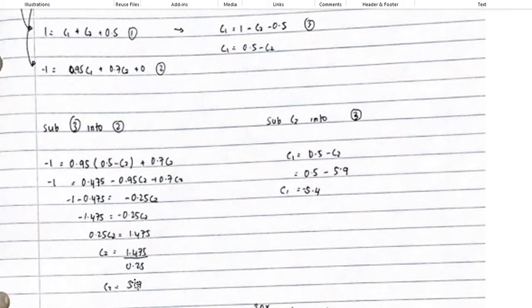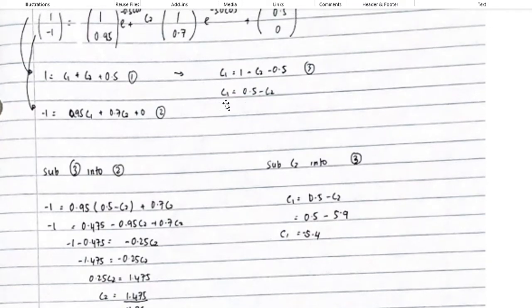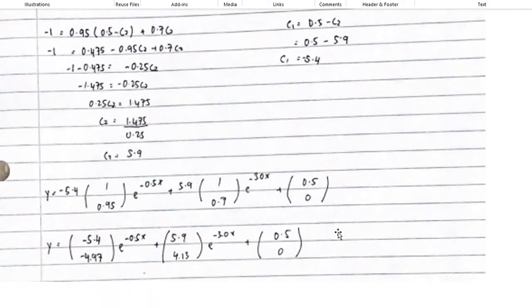We get C2 equal to 5.9. Then after we get the value of C2, we sub back into 3 to find the C1. Then the answer is negative 5.4.